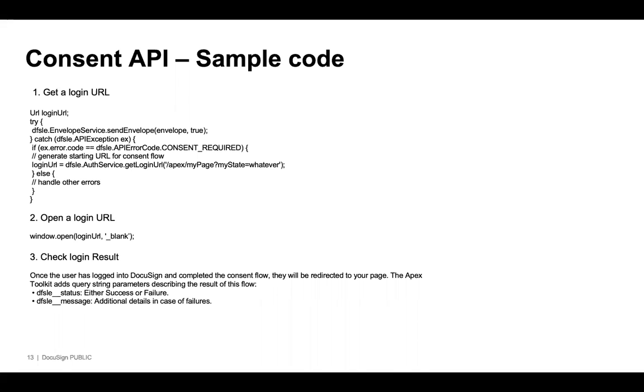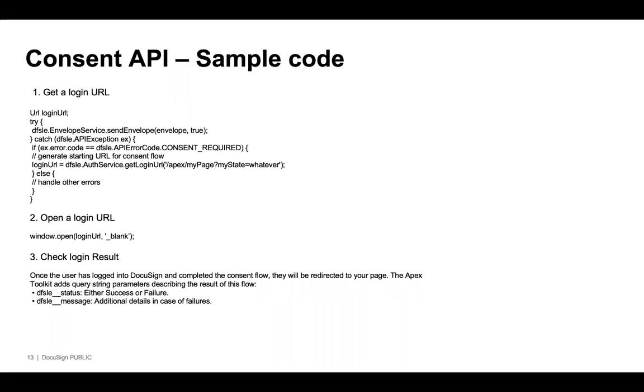This pseudocode is trying to send an envelope, but in case the user is not authorized, it gets an error code which specifically says the consent is not there. You get an error code called consent required. In case you get that error code, we send the user to an authorization URL. Once users enter their credentials for that login URL, the user is redirected back to the redirect page.